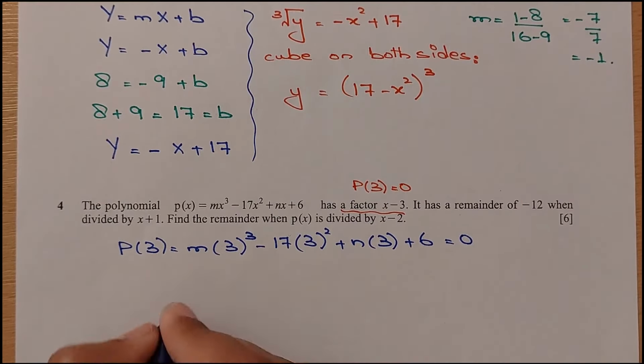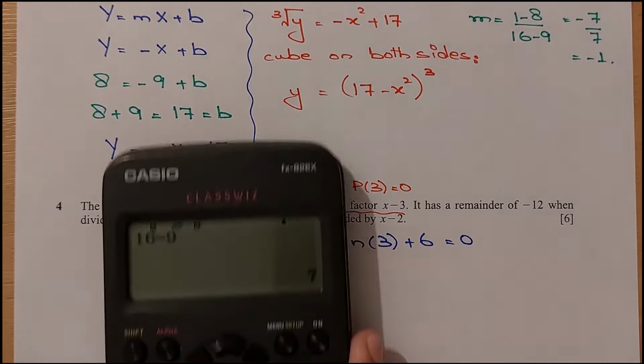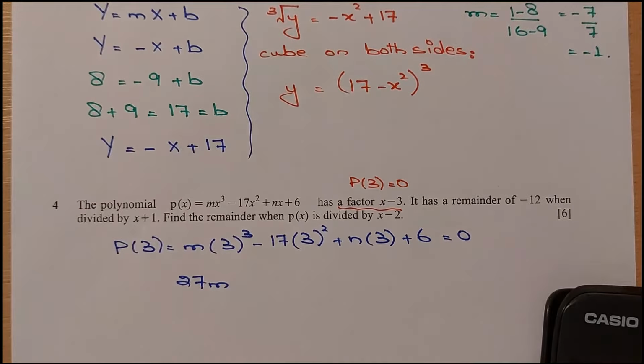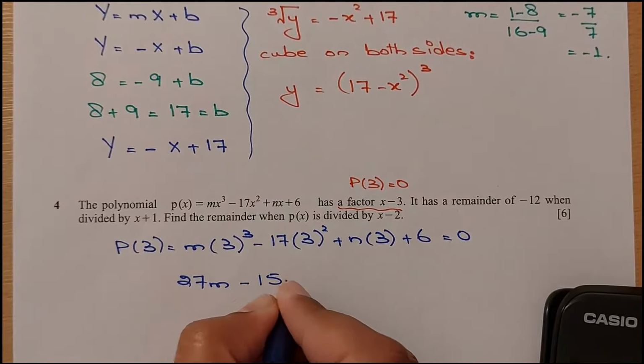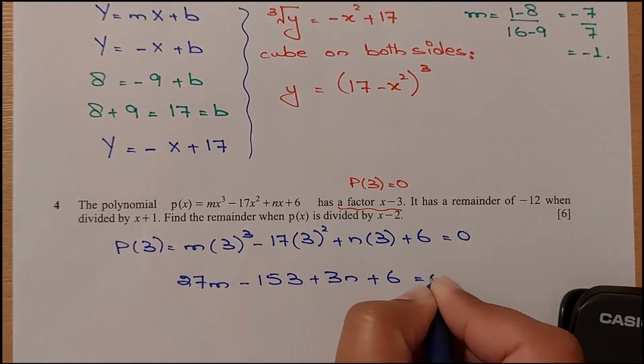So 3 cube is 27, 27 times m, 3 square is 9, and 17 times 9 is 153. Minus 153 plus 3n plus 6 equals 0.